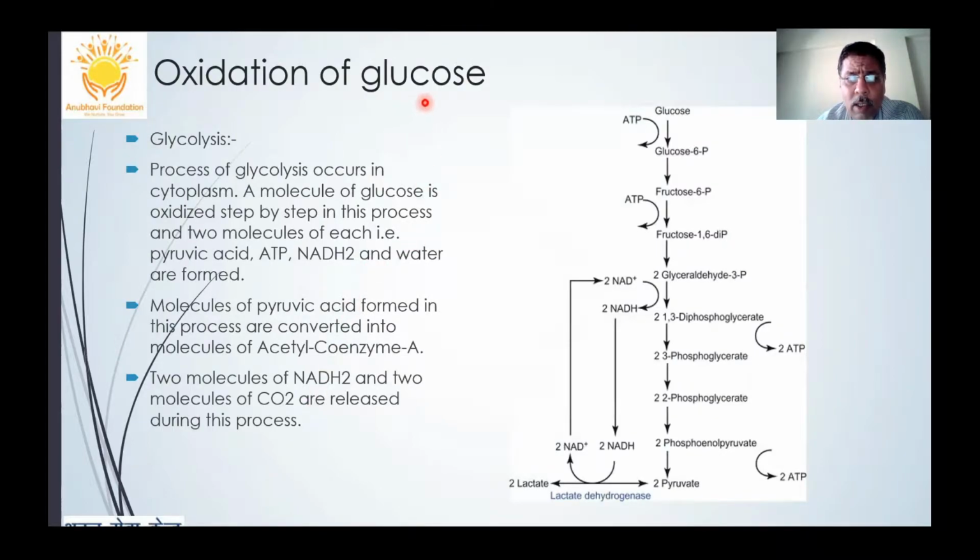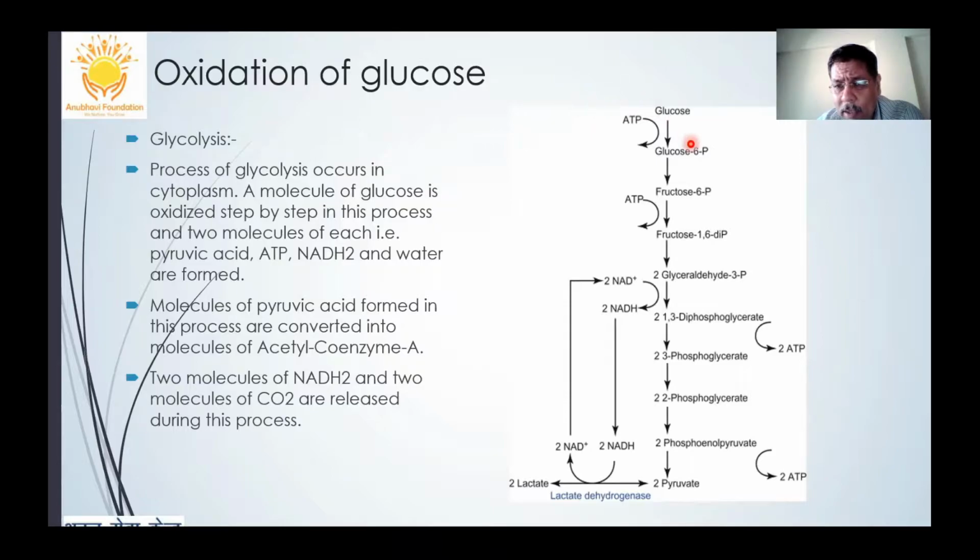Now, oxidation of glucose. The first step is called glycolysis. Glycolysis means breakdown of glucose to form two molecules of pyruvic acid. This occurs in the cytoplasm of the cells, and it is a common pathway which occurs in both aerobic as well as anaerobic organisms.